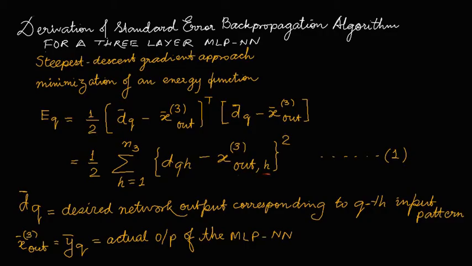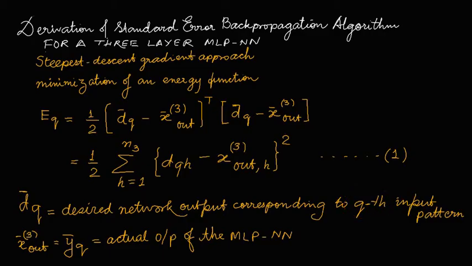Now this h represents which particular neuron we are talking about, and d_qh represents the desired output at neuron h, and then the whole of this will be squared. Now here this d_q bar means this vector is the desired network output vector corresponding to the qth input pattern.